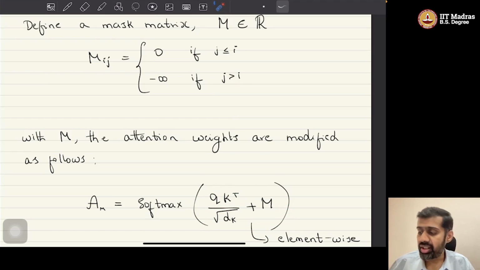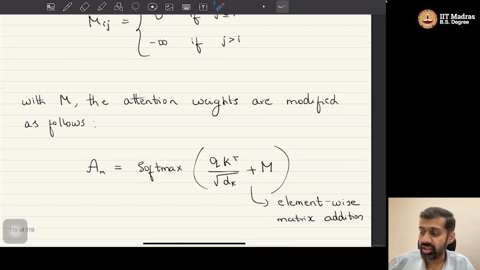Now remember that softmax has an exponential operation: e power some scalar. If this scalar is a very large negative value, the result is put to 0.